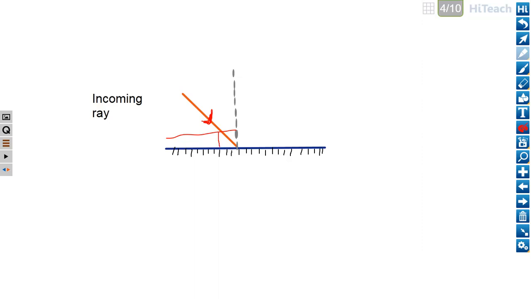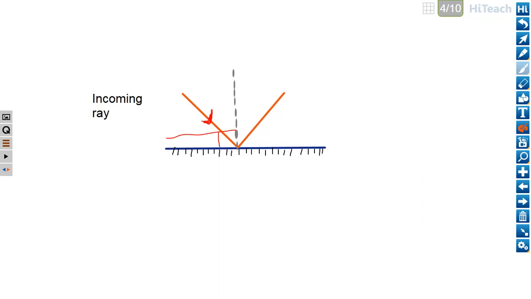Okay. How do you draw the reflected ray? To draw the reflected ray, I have to draw it from the same point where the incoming ray hits the mirror. So this is the reflected ray.